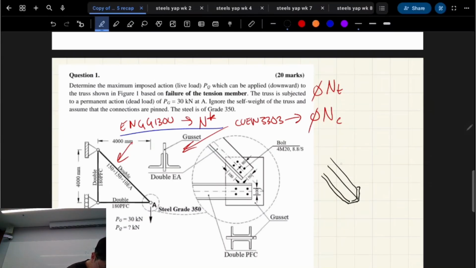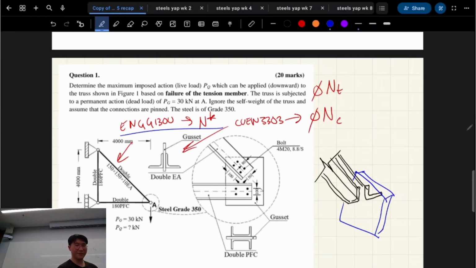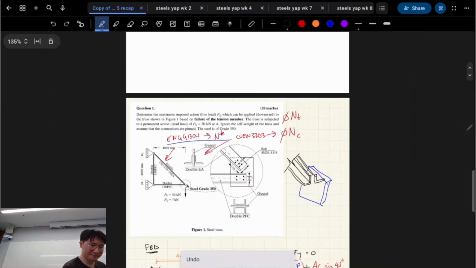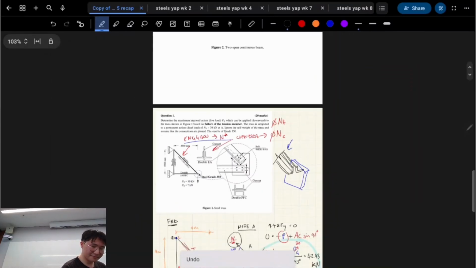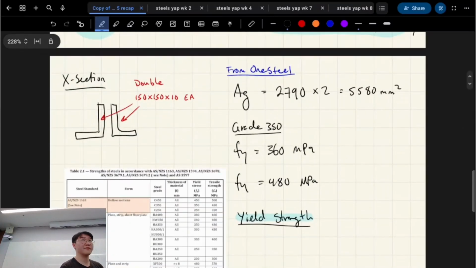That's one equal angle there, and that's the other equal angle there, right? The gusset only is in this portion, right? So for the majority of our tension member, it's going to be the weaker, smaller section, so we just take the smaller section as our actual cross section in tension. That's what I drew here, yeah?